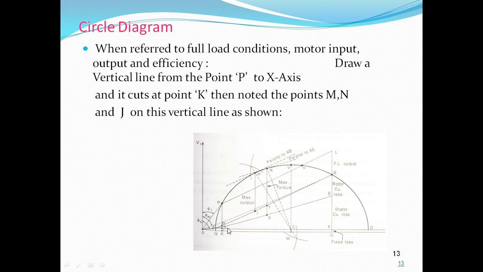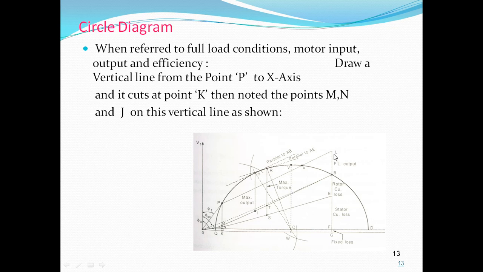So JK represents the fixed losses. P is the point we get when we find the full load current.